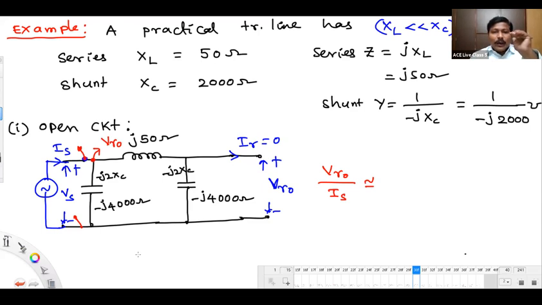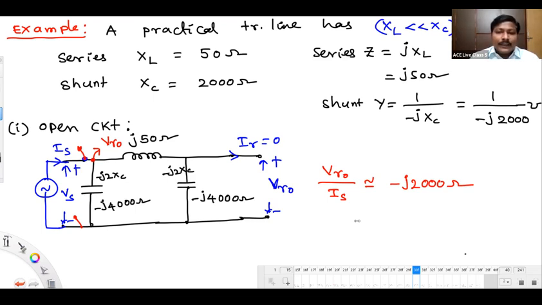VR0 by IS approximately equals how much? Minus J 2000 ohms. Minus J 2000 ohms in this particular calculation. Approximately. Yeah, this point you should be very clear.